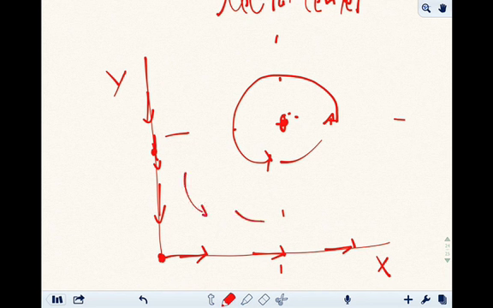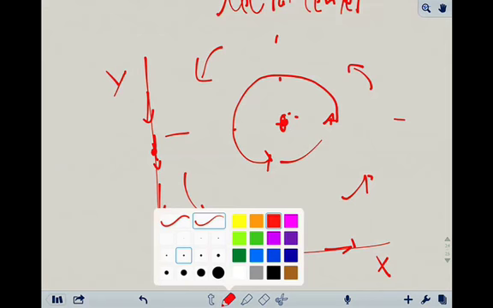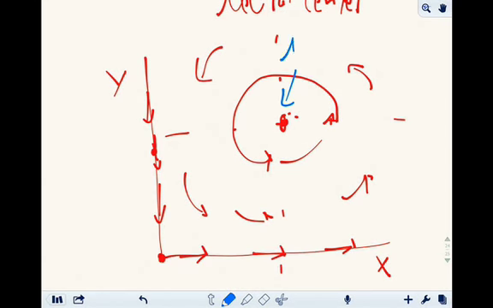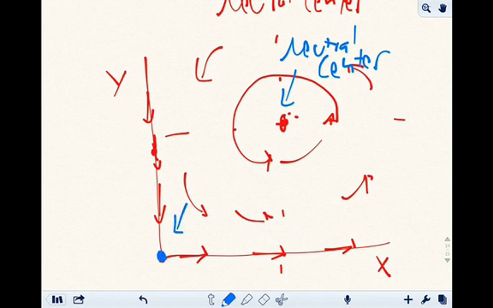The directional space looks something like this: we have two critical points, one with purely imaginary eigenvalues. This one here is a neutral center, or sometimes called a center. And this one here is a saddle point. It has one positive real eigenvalue, one negative real eigenvalue. That magical axis along which the system is stable happens to be x equals 0.